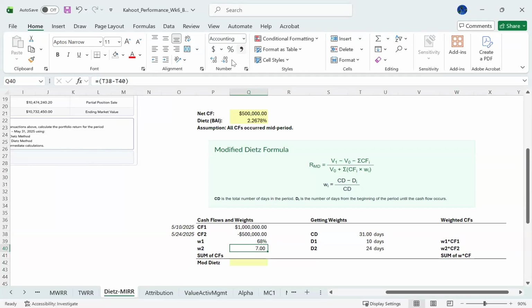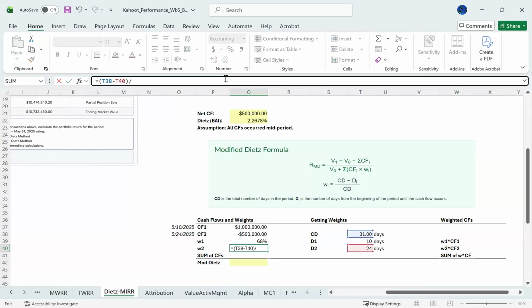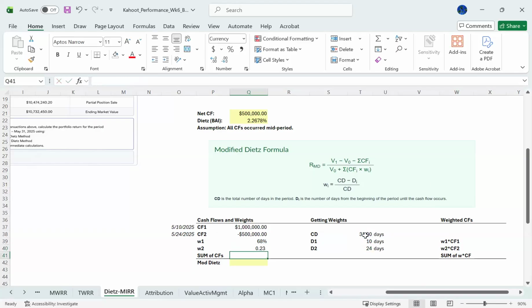But we want to convert that into a weight, so we divide that by the 31 days, and then we turn it into a percentage. So in other words, we had weight 2 for 23% of that 31-day window, much less than weight 1. Weight 1 was more impactful when it comes to influencing our performance, and weight 2 was less impactful.